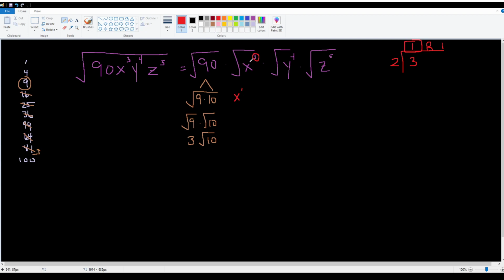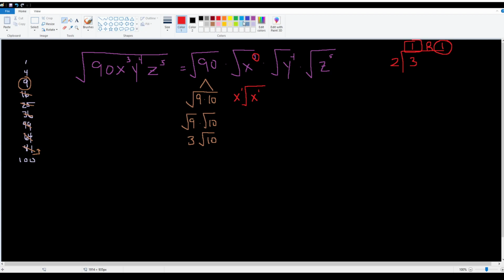The remainder is going to be the exponent of whatever is inside the radical. So I'm going to have an x to the first on the inside of the radical as well. So the square root of x to the third actually becomes x square root of x.